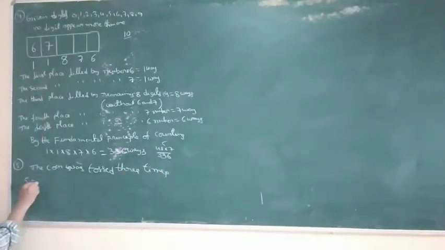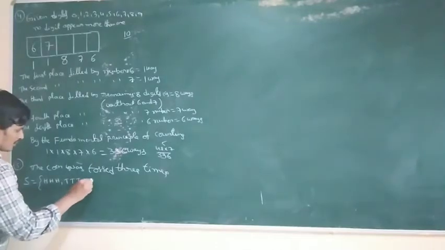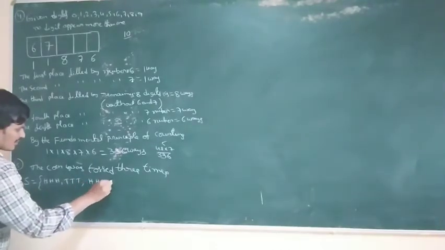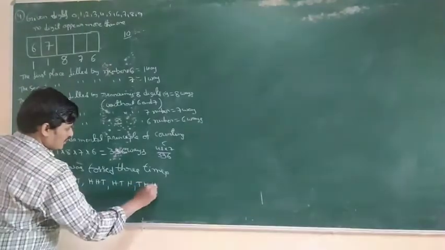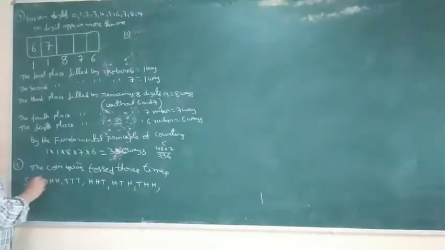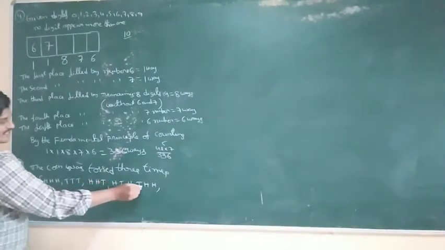So outcomes are recorded. First, 3 tails, 3 heads. Then HHT, HTH, THH. This is the first, 3 heads. Next, 2 heads: first 2 heads then T, next HTH, THH.